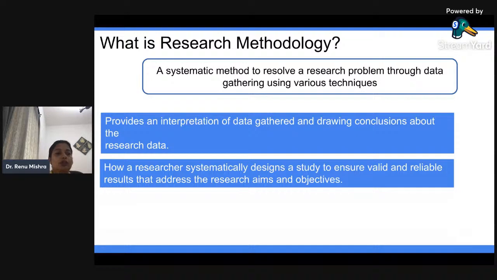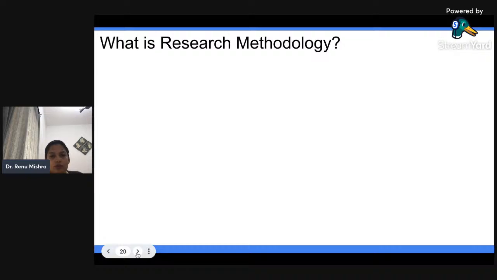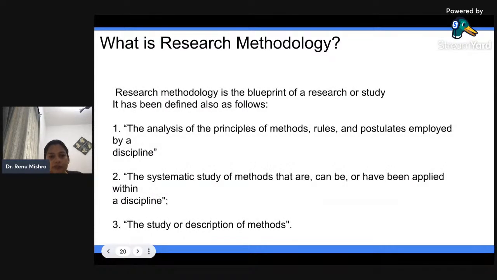When you talk about research aims and objectives, they tell you what kind of research methodology would be chosen. All right, let's move on to further explanation about research methodology.